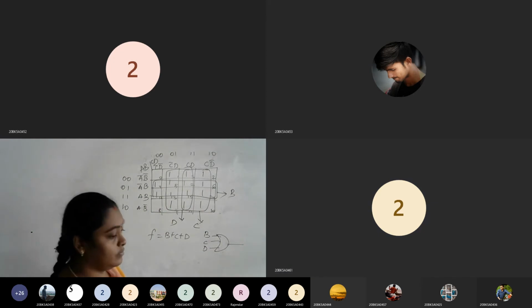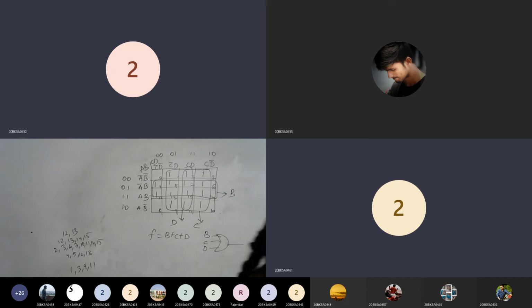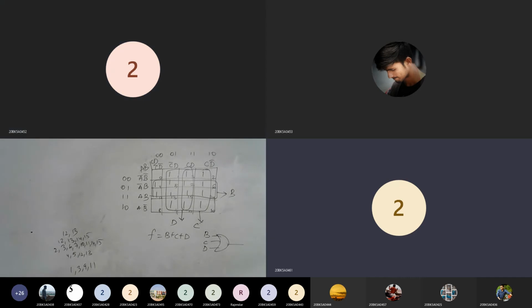There are 5 minterms, so 5 AND gates and 1 OR gate, and I am not considering the NOT gate. So a total of 6 gates, or minimum 1 gate. Is it clear for all of you? Will you do the next problem now?